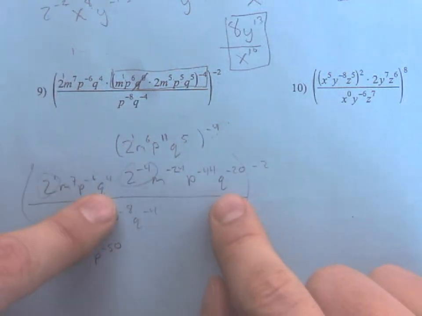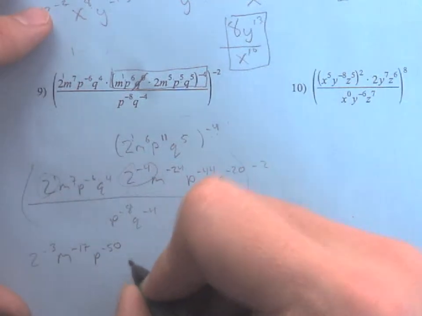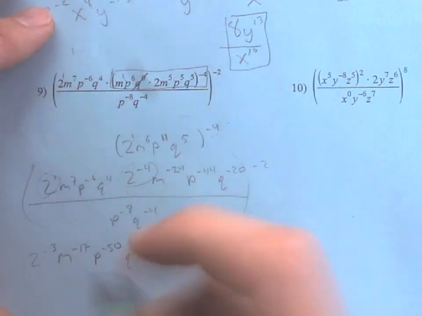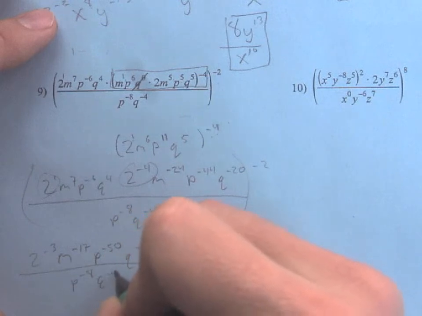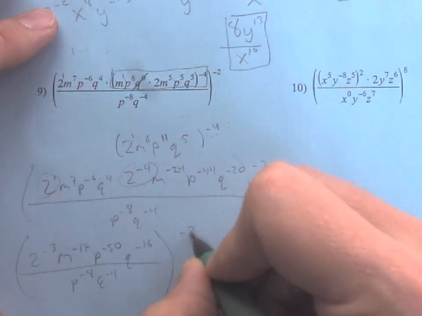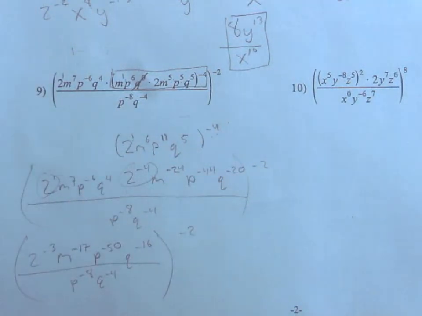And we got some q's. Put those together and we're going to get negative 16. Okay, on the bottom, p to the negative 8, q to the negative 4, all to the negative 2 power. So I just simplified the numerator, right? One thing at a time.